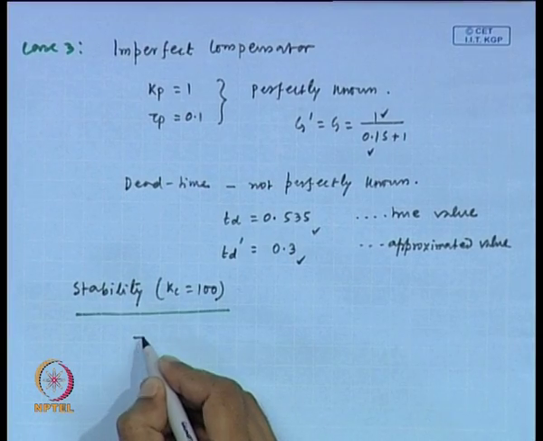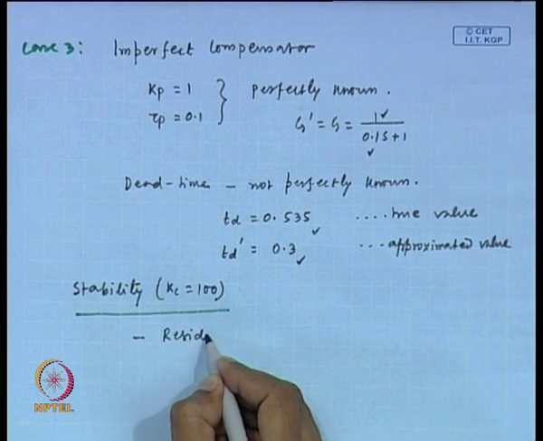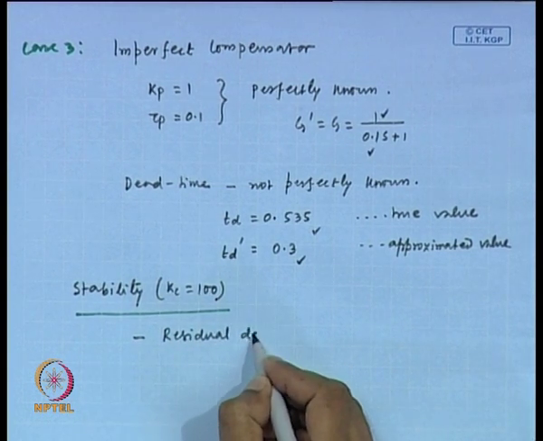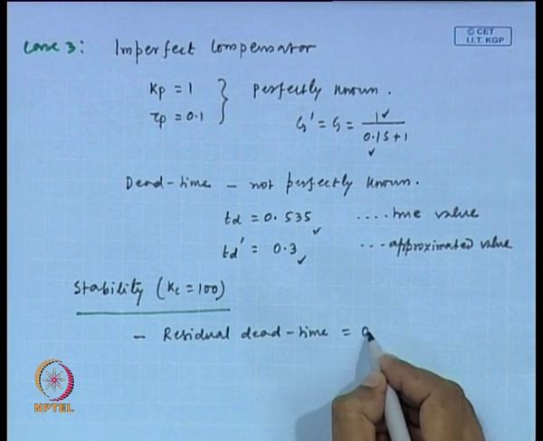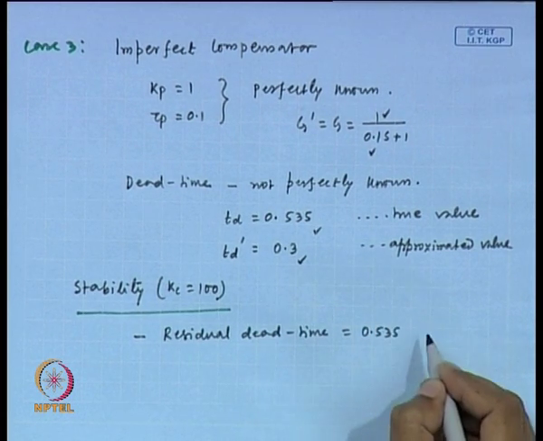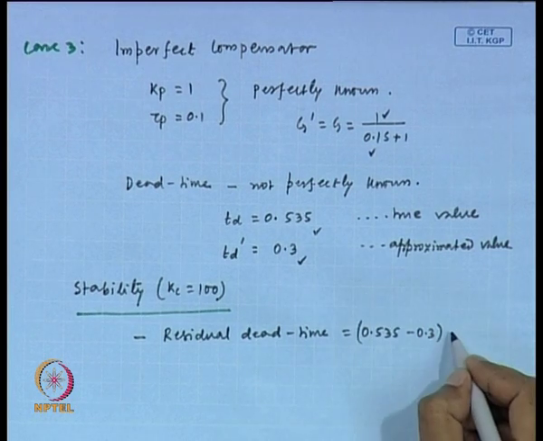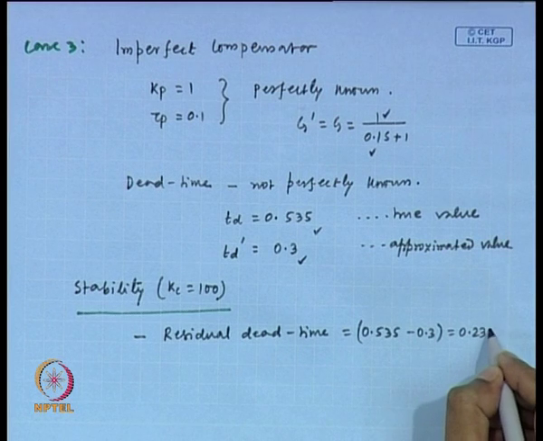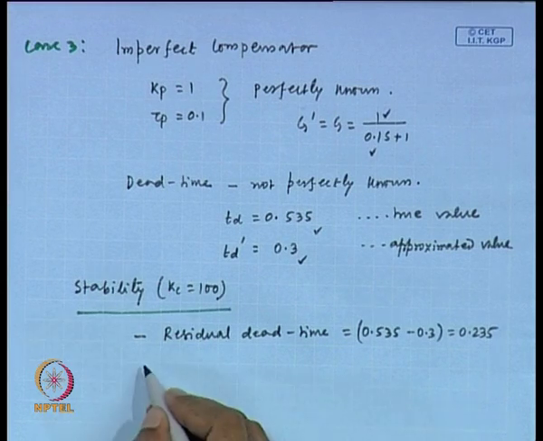So, how much is the residual dead time? The residual dead time is 0.535 minus 0.3, that is 0.235. This is the residual dead time. It is clear that the compensation is not perfect.